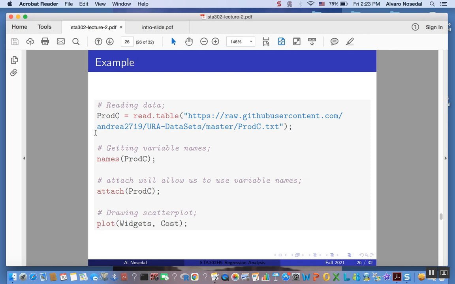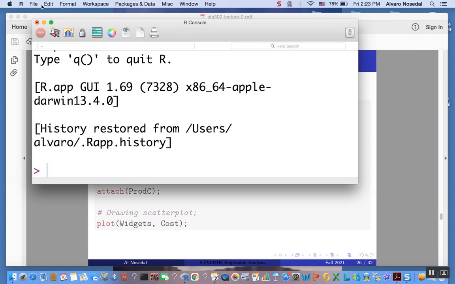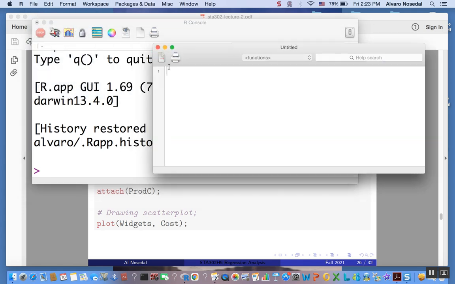Okay, and as usual, our first step when using R will be reading a data set, analyzing a data set. So first we have to acquire that data set. Let's launch R. Okay. Now what I would like you to do here is go to File and open a new document or new script.